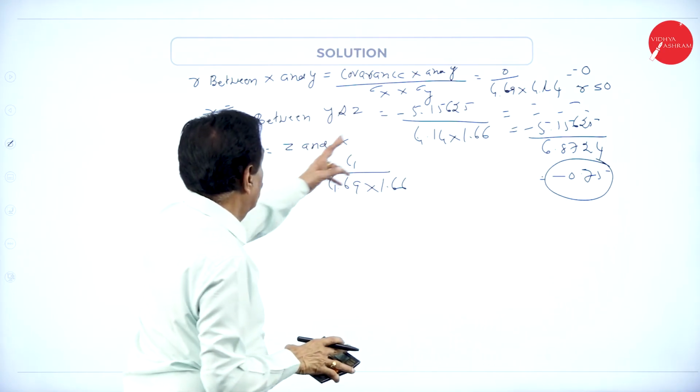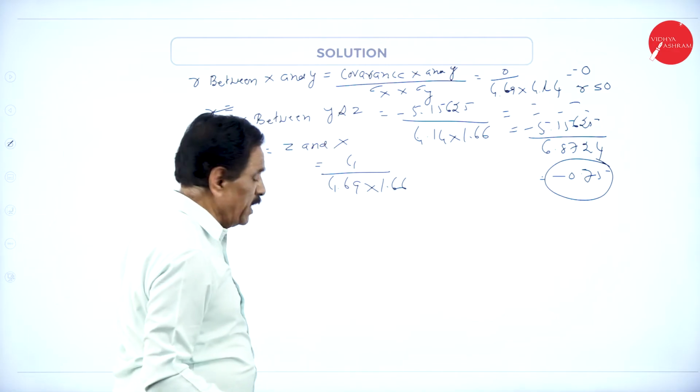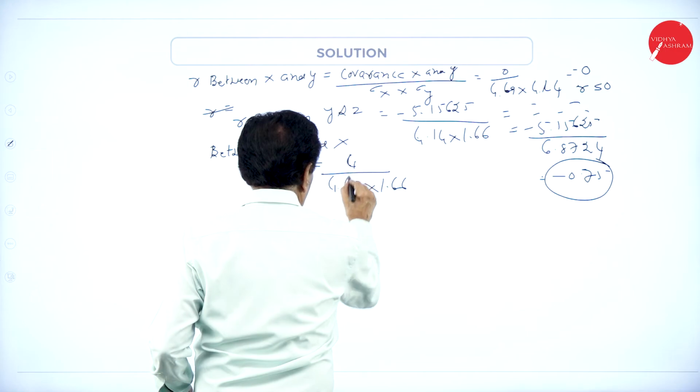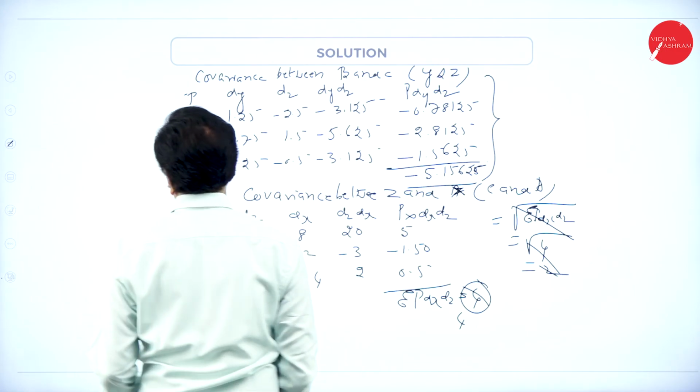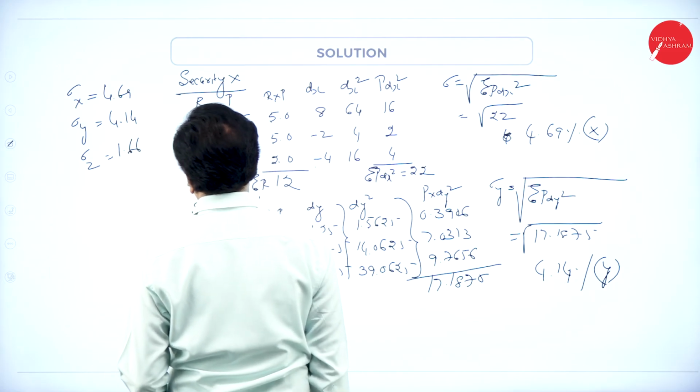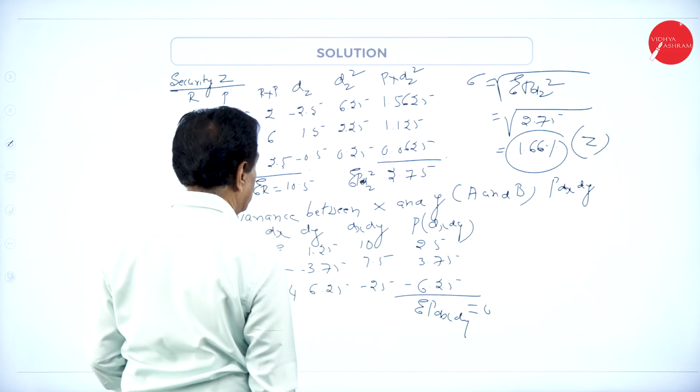This is between Y and Z. Between Z and X, so covariance is 4 divided by Z and X, 4.69 into 1.66.